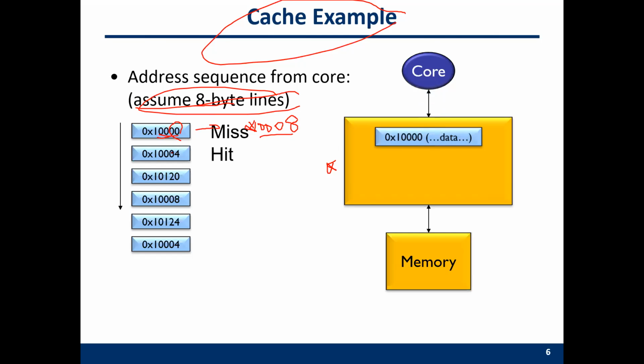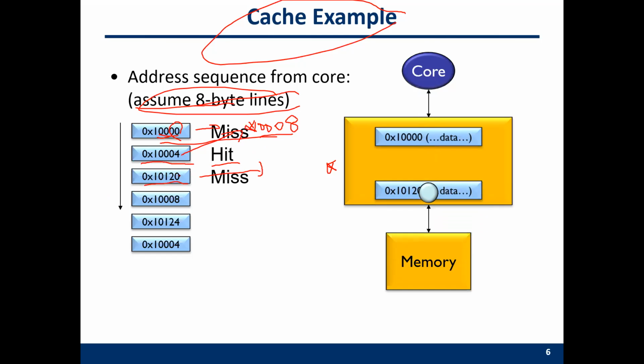So next time when I try to access this address, it is actually between these two addresses, which means this piece of data includes this address. So we have a hit here. When I try to access this one, apparently we do not have this address, and we fetch another line here.